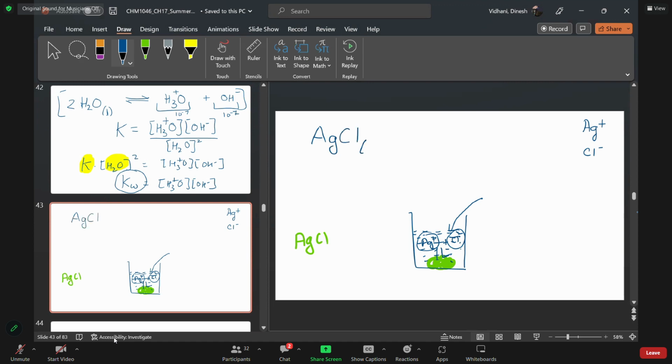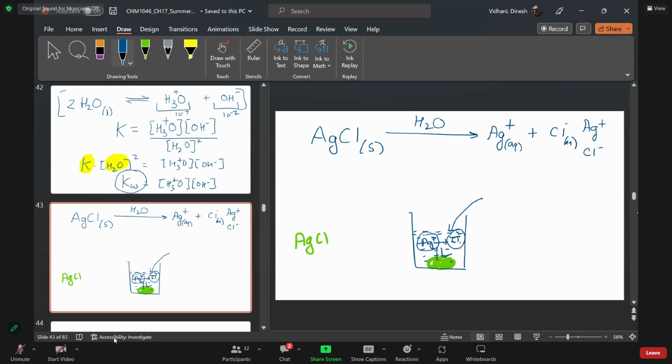So silver chloride solid, you put it in water. This time, since water is used as a solvent, I'm just going to put it on top of the arrow. And silver ions, aqueous, plus chloride ions, aqueous. Now, in this case I just made the arrow go from left to right. Is that the right way?